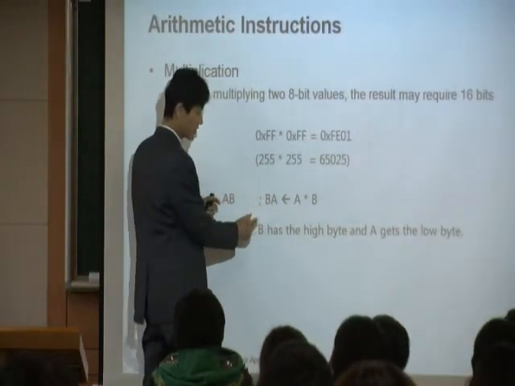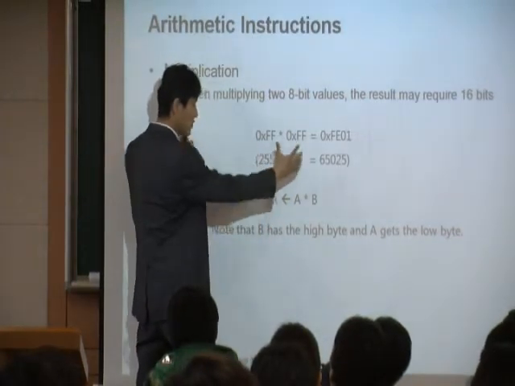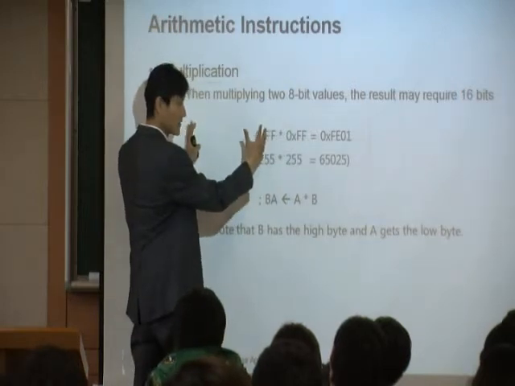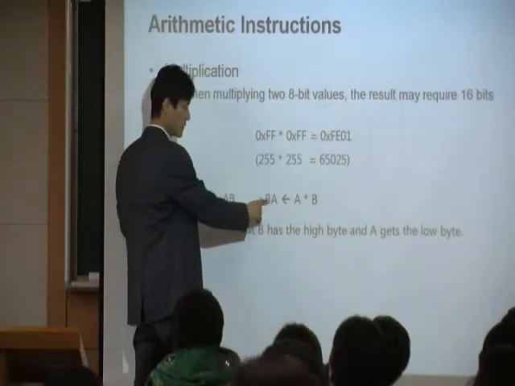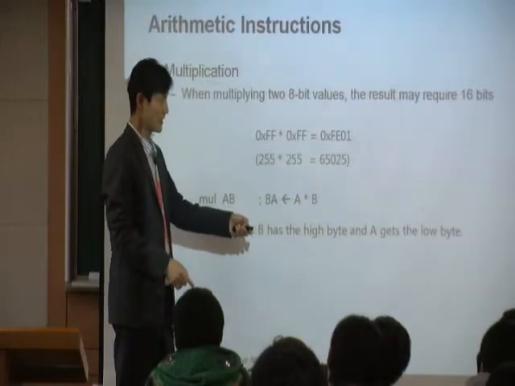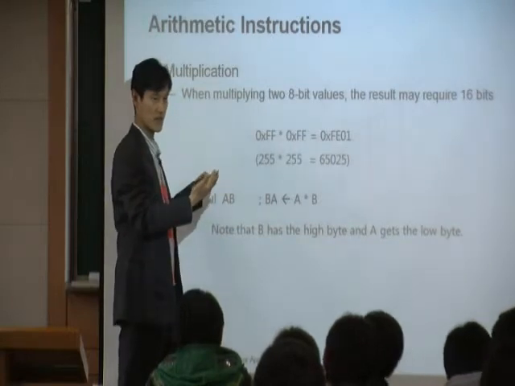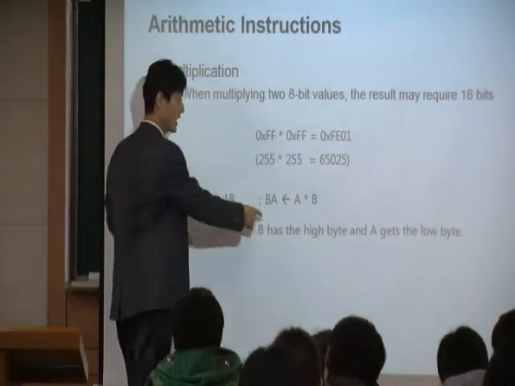So how you can construct the 16 bits is that you put B and A together. That becomes 16 bits. B becomes the high byte, A becomes the low byte. So B and A together makes a 16 bits container. That's the output.